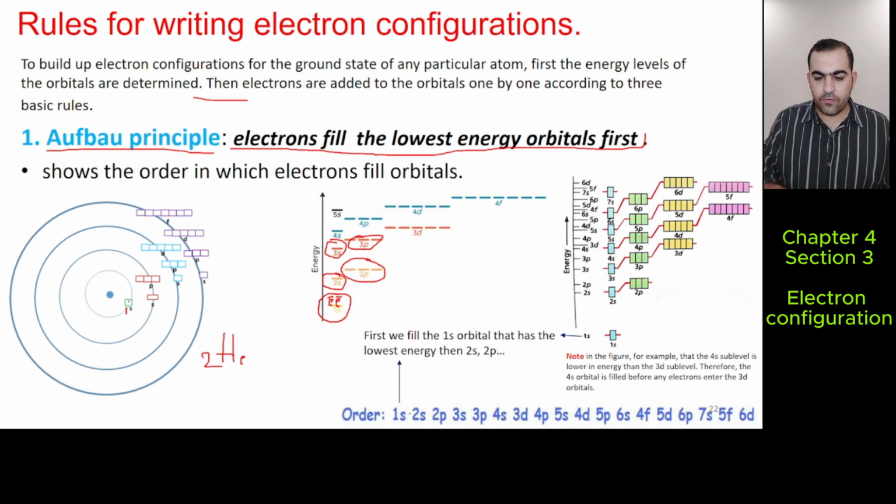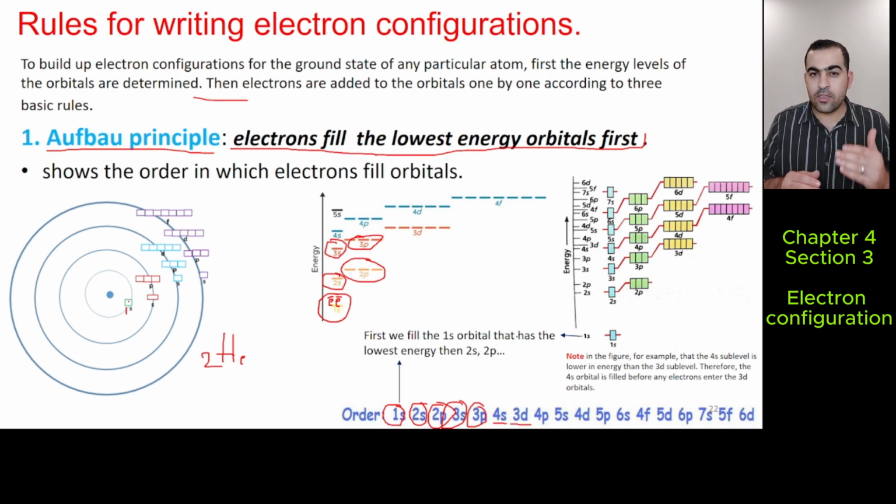So first we fill 1s, in order. You must know this order, the order of filling orbitals. By the Aufbau principle, 1s is the lowest, then 2s, then 2p, then 3s, then 3p. Here, look, we have 4s and 3d. 4s is in the fourth energy level, right?